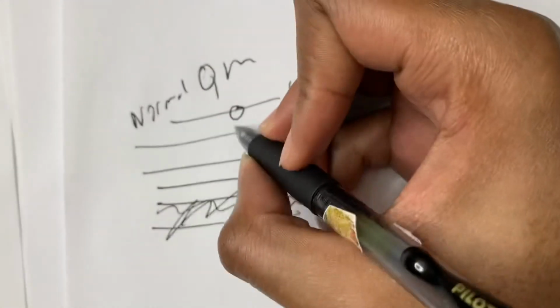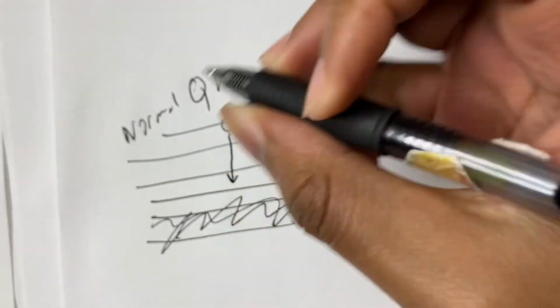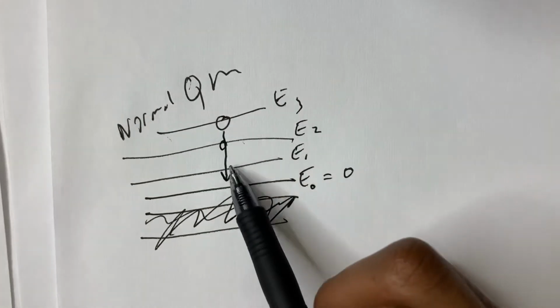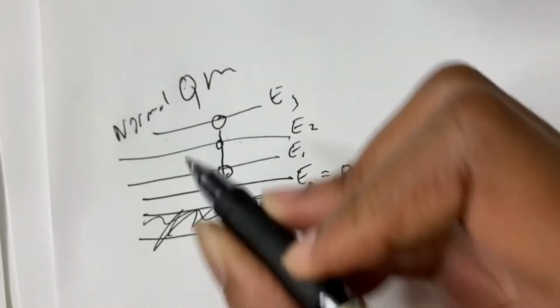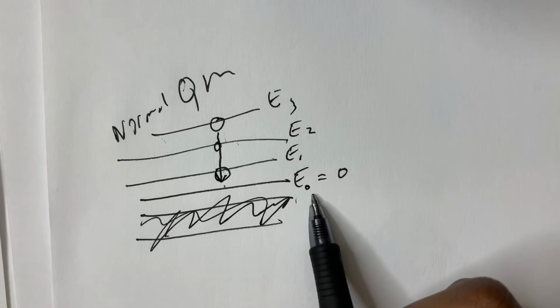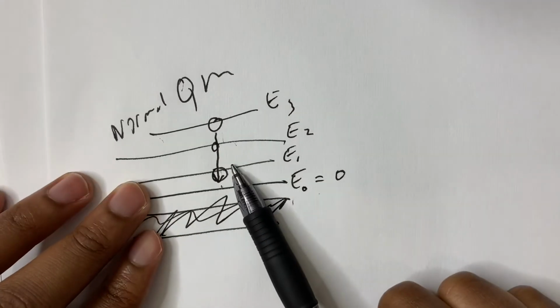So if it's in E3, it would just drop down to, say, E2, then to E1, and it's going to stay at E1. It's not at E naught, because a particle having 0 energy means that the particle doesn't exist in normal QM. So it would just chill at E1.